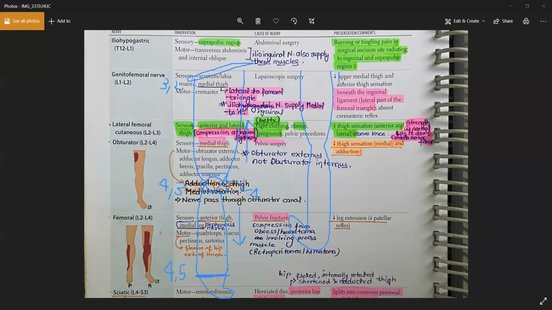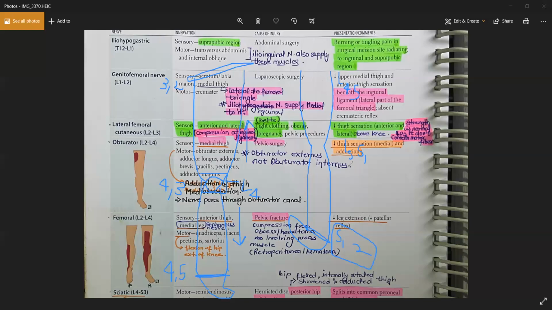You have the L4, L5 here, then you have the L5, S1 here, and then you have the S1 and S2 here. So if I ask what nerve roots are involved in the plantar flexion of my foot, which means the Achilles tendon reflex, you can easily say these are the S1 and S2.